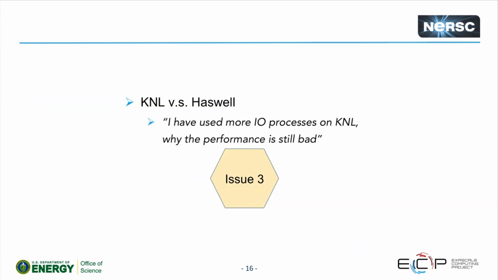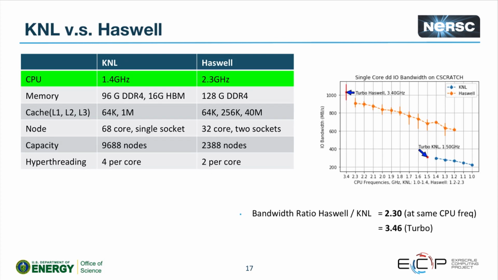And the third issue is about the difference between the two CPU chips, KNL and Haswell. Typically, the I/O bottleneck has nothing to do with CPU speed, right? The CPU is so fast that your I/O subsystem is the major bottleneck. The CPU shouldn't be a factor that impacts your I/O speed. But everything is changing.